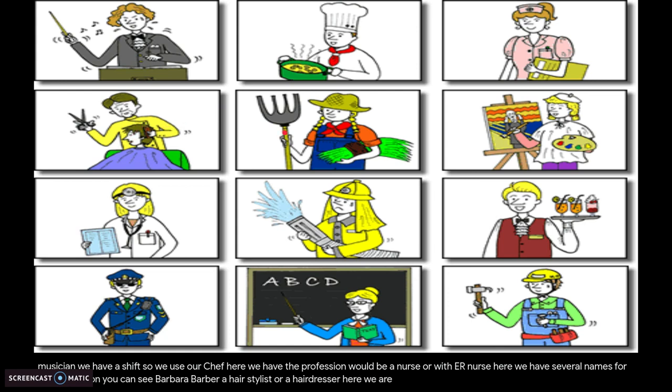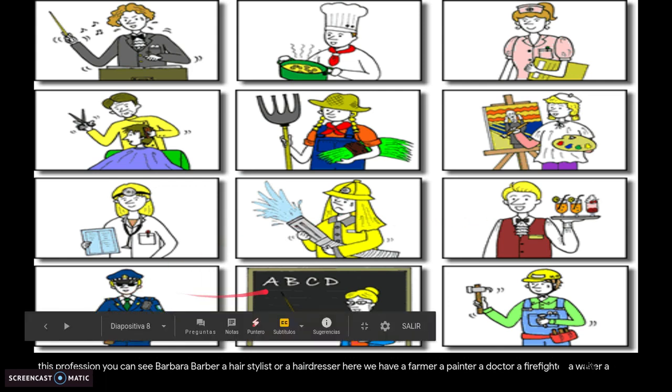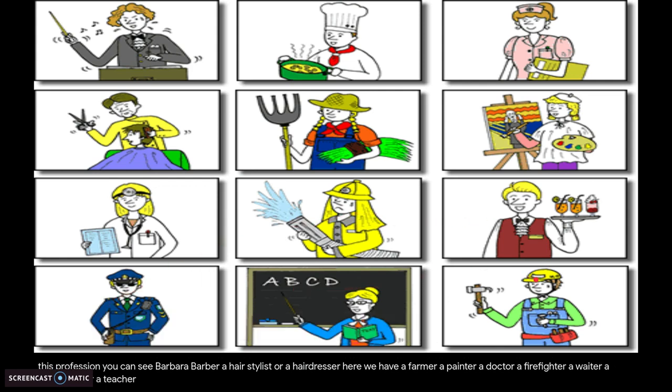Here we have a farmer, a painter, a doctor, a firefighter, a waiter, a police officer, a teacher, and a builder or an architect, just to use another one. So we have an medical assistant. In this case, remember we use "an" according to the rule that we have set here.